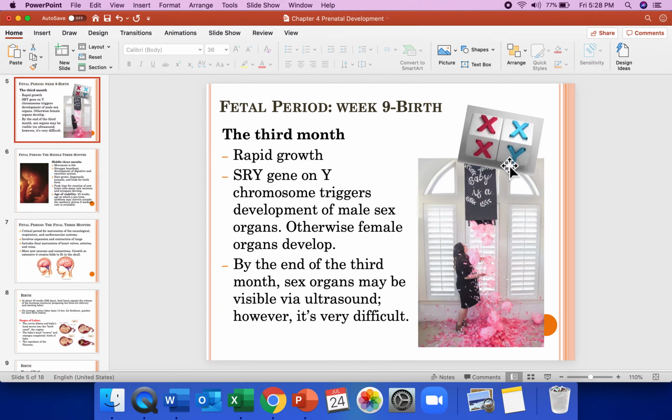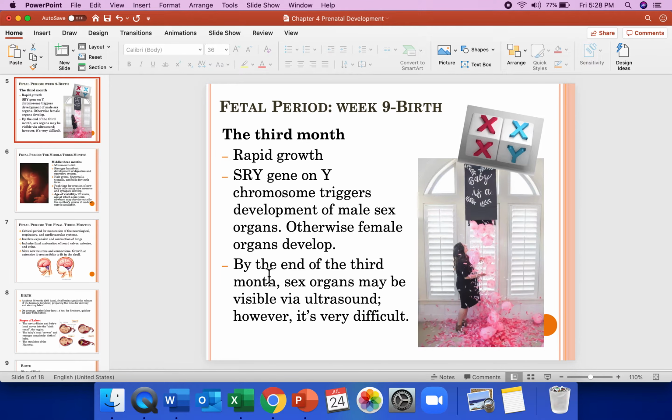But if there was a Y, then that Y carries a piece on it. Remember, the Y chromosome carries a piece, and that piece is a gene, and that gene is called the SRY. That gene is going to trigger some hormonal release that will signal the development of tissues that will turn out to be male organs later on.